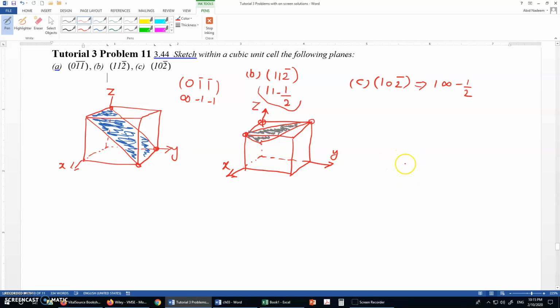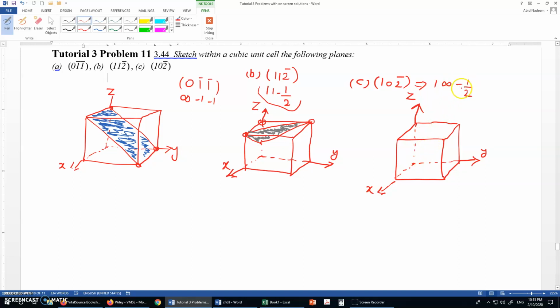Okay, so let me draw the cubic unit cell. Okay, so this is the unit cell. So I should draw the axes z, y, x.